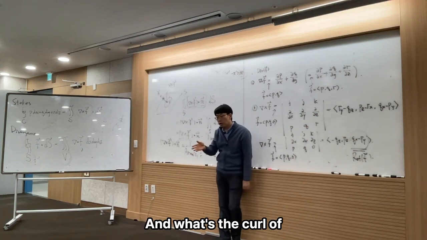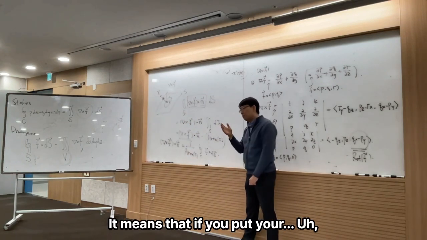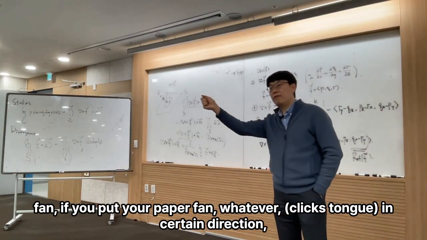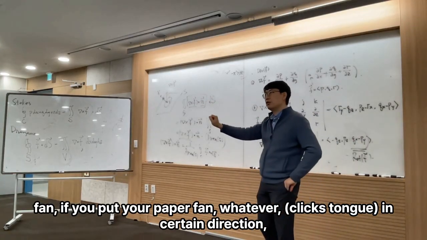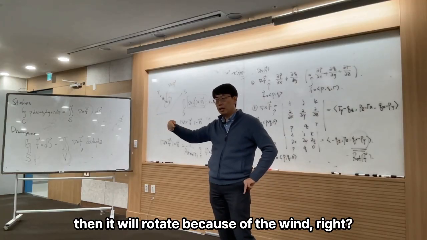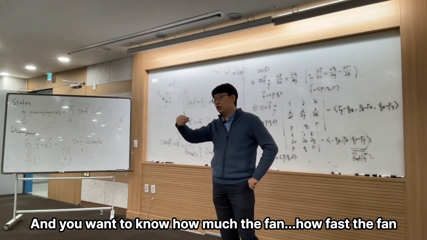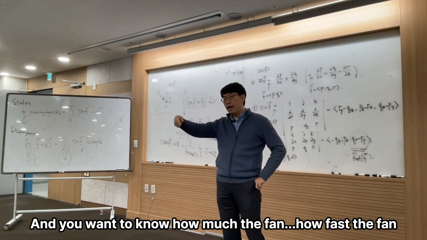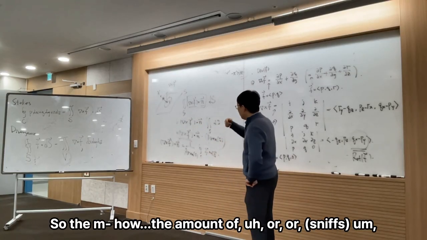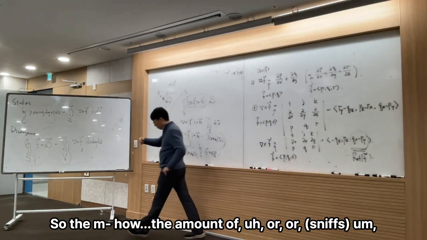And what does the curl of that vector field mean? It means that if you put your paper fan, whatever, in a certain direction, then it will rotate because of the wind, right? And you want to know how fast the fan will rotate in that direction.